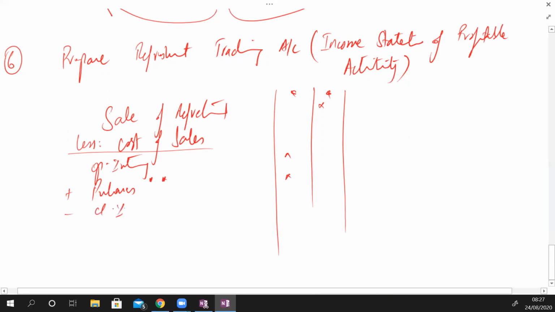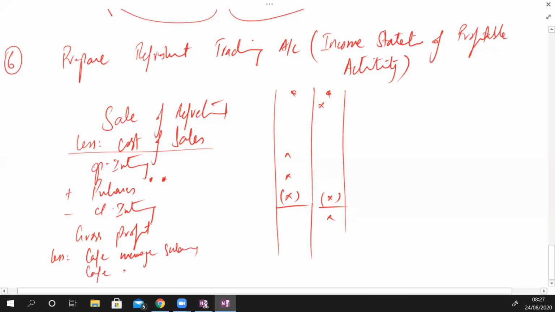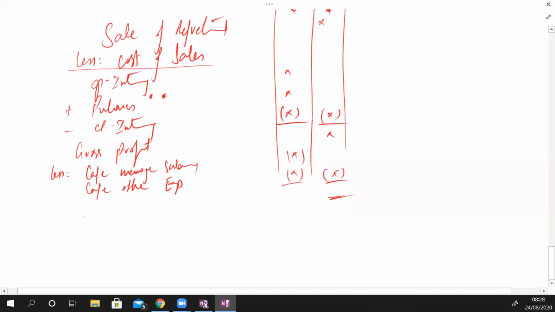Less closing inventory. Gross profit. Less cafe manager salary or cafe other expenses, whichever they would be, you'll subtract them and you'll have profit from cafe trading.